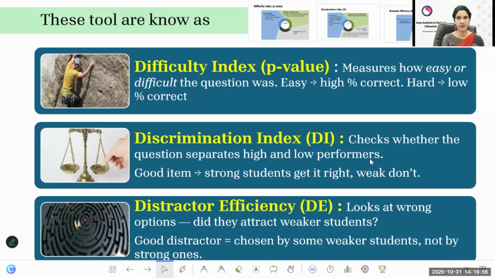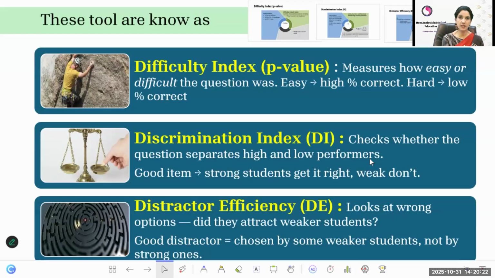All three are the same. We calculate the number of students who have answered correctly, and in the denominator, we take the total number of students. If the value is less than 0.3, it says that the item was difficult. If the value is more than 0.7, we say that the item was very easy. And moderate is between 0.3 and 0.7.